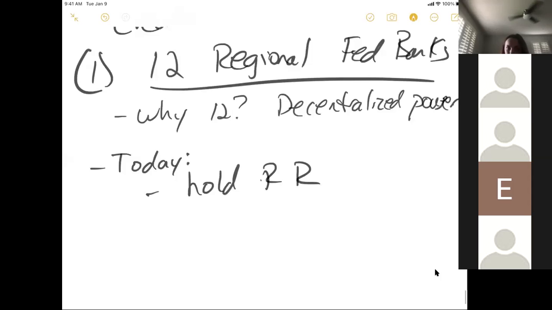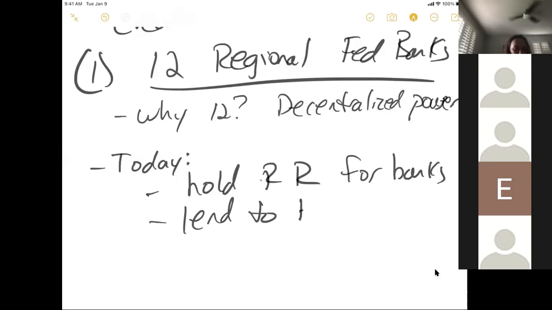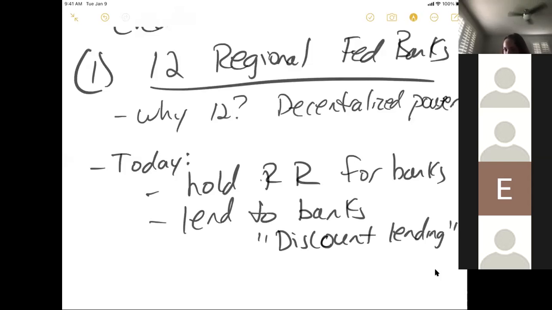And so what do these regional banks do today? Well, today, these are the banks that you do business with. Today, these regional banks hold required reserves for banks. They lend to banks in a process that is called discount lending. We'll talk more about this in a minute.